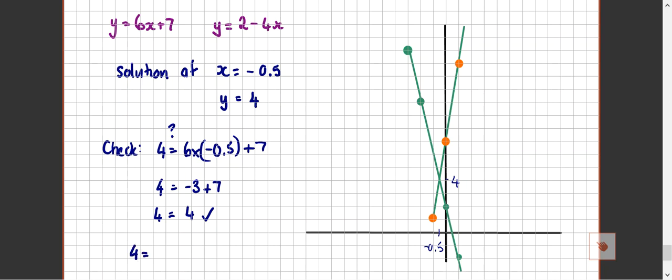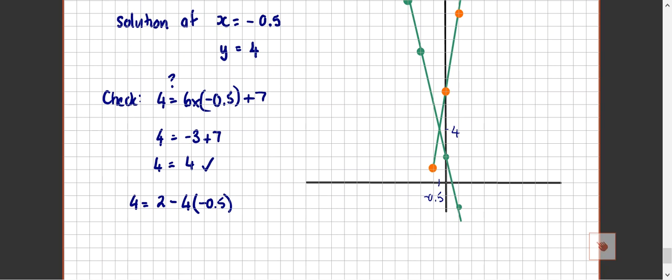So 4 should equal 2 minus 4 times negative 0.5. 4 times negative 0.5 is negative 2. So 4 equals 2 plus 2, which is 4. Again, I'm happy for both of those. So my solution at 4 and negative 0.5 is the correct one.